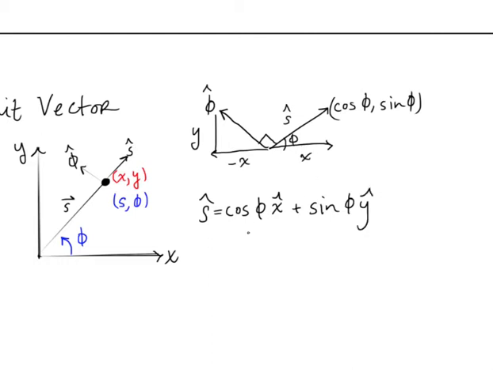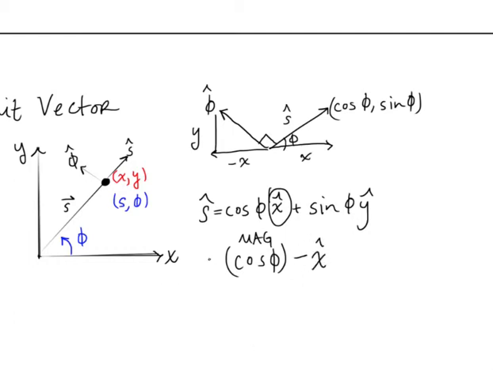We can just say to ourselves, well, it's s, but its x-hat will be in the opposite direction. So it has the same magnitude, which is our cosine phi, and it's in the opposite direction.